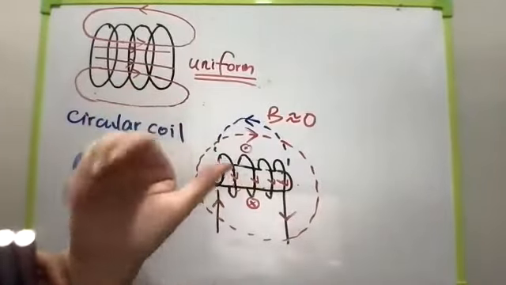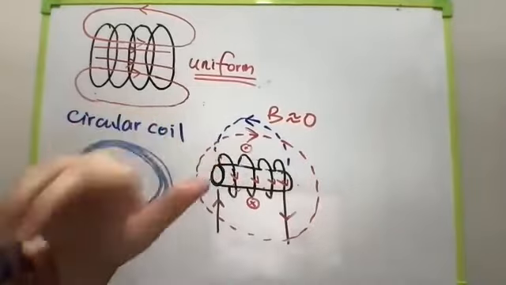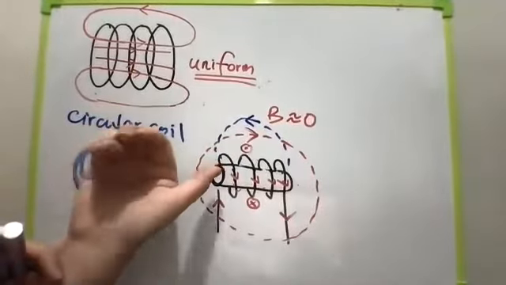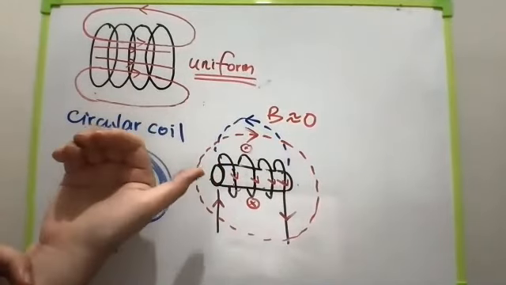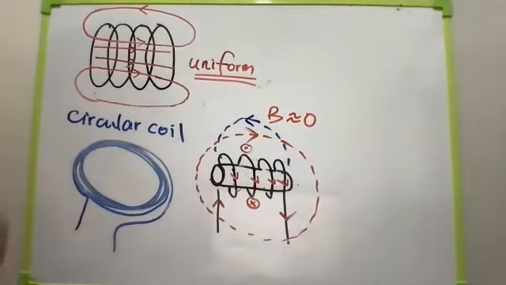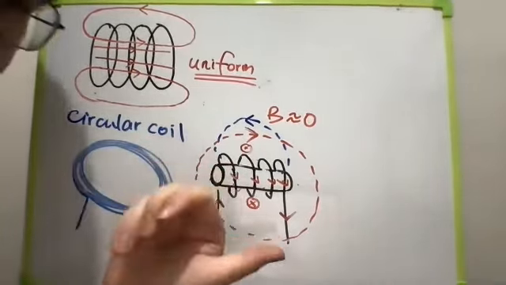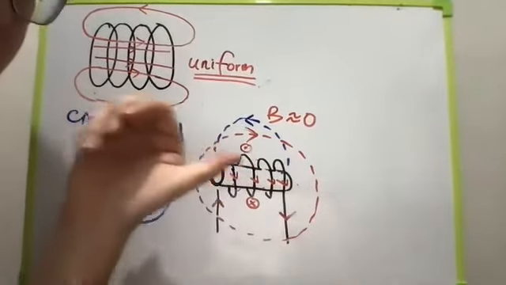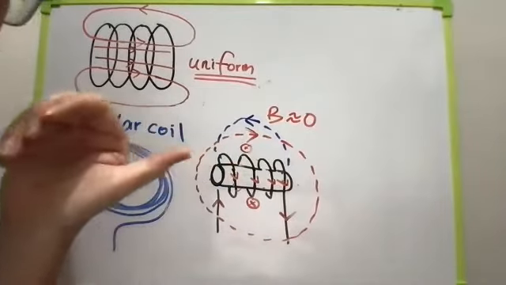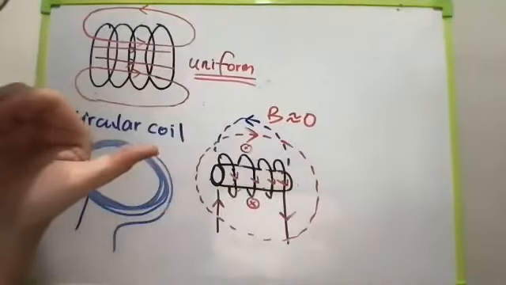Okay, I close my hand, it's curving out. I'm having difficulty here because of my sitting. I'm just sitting beside the computer, so it's very hard for me to curve my hand, but you get the point. It's flowing outside here, so I curve outward. Then look at the thumb. The thumb is pointing to the right. The north pole is always in the same direction as the thumb.